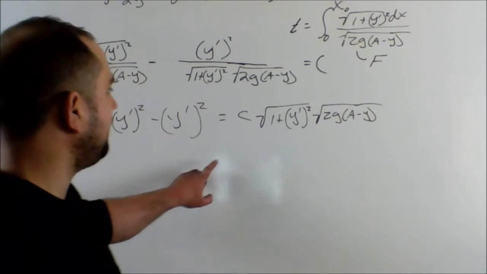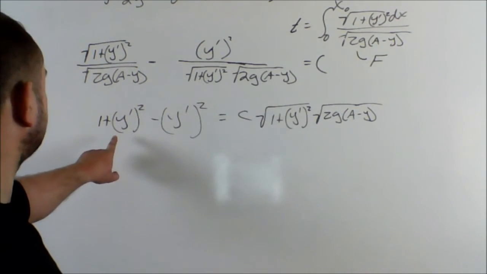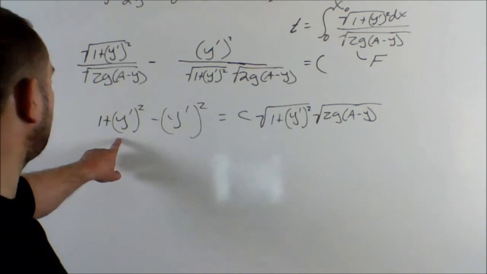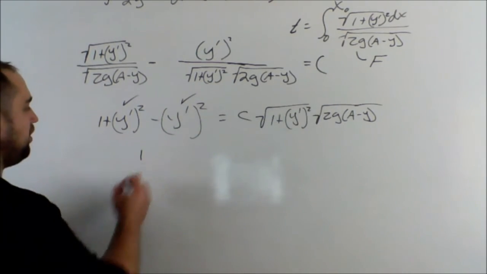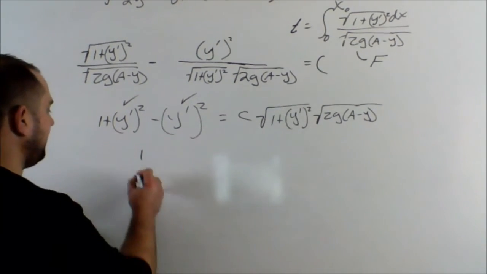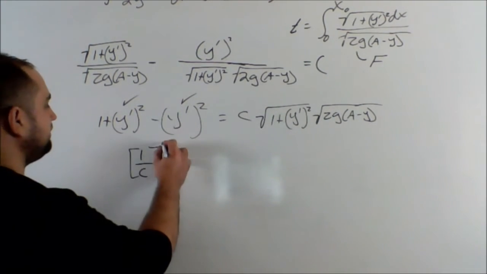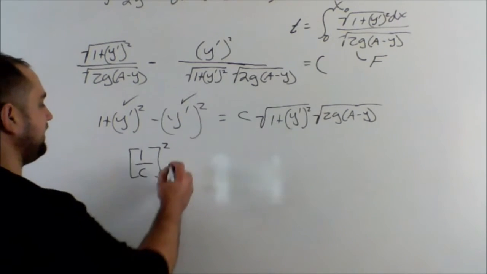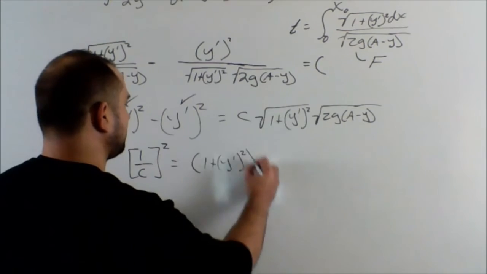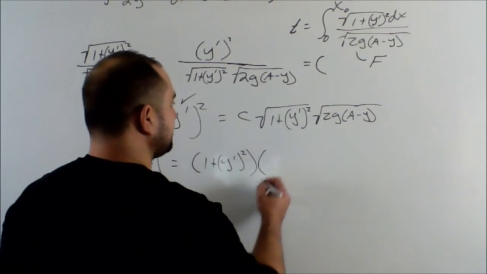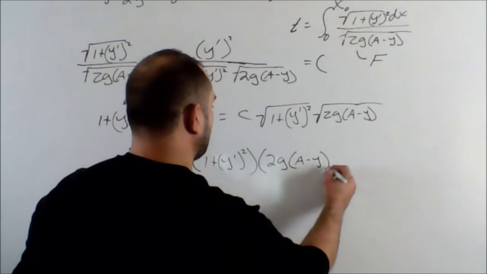And so now what we can do is, obviously here these two cancel out, and so I have 1, and I can divide it by c, and then I'm going to square it so that it's equal to 1 plus y prime squared times 2g times a minus y.